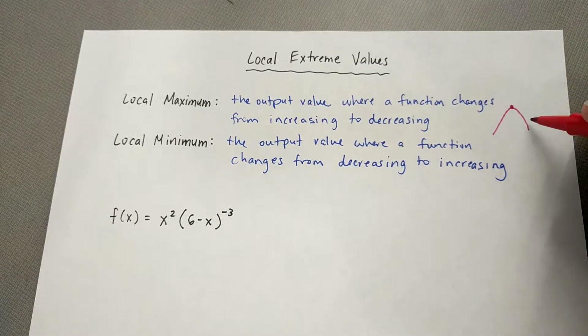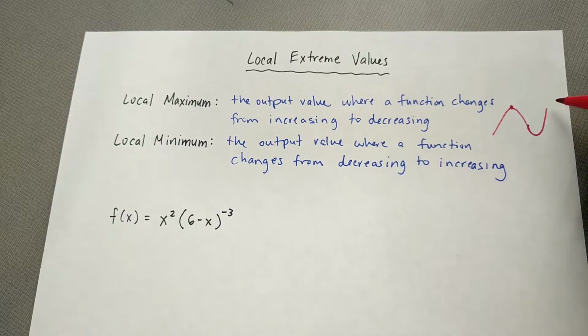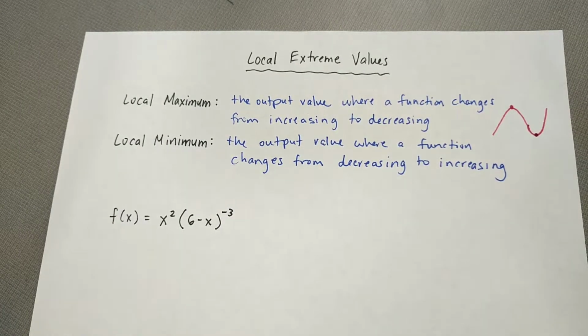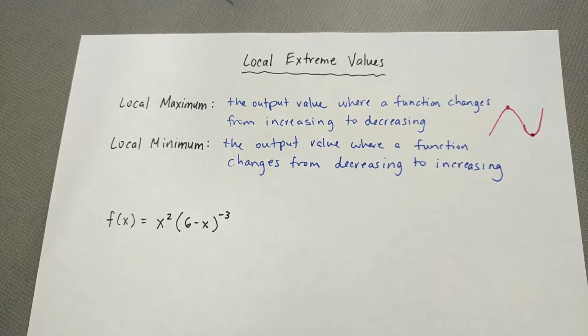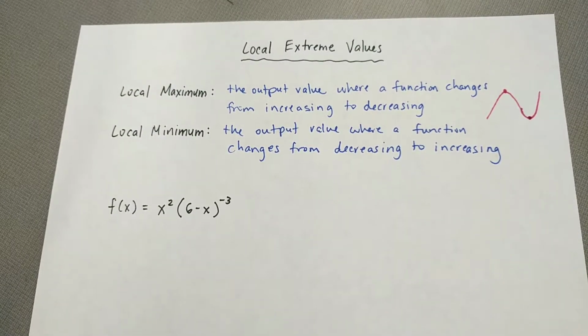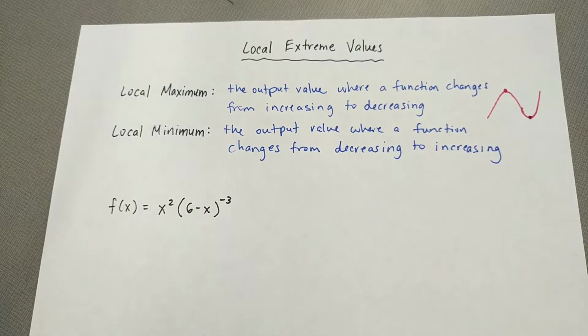So that would be in a case if this continued on, if it decreased and then increased, then that y value is the lowest in sort of that neighborhood, so it is a local minimum. Sometimes these are also called relative maximums and minimums. So if you see that, it means the same thing here. All right, so let's do an example of this.